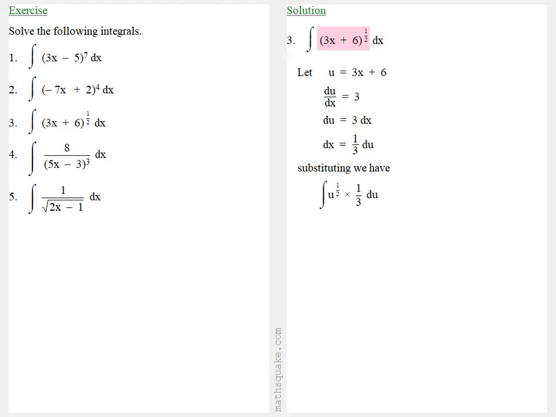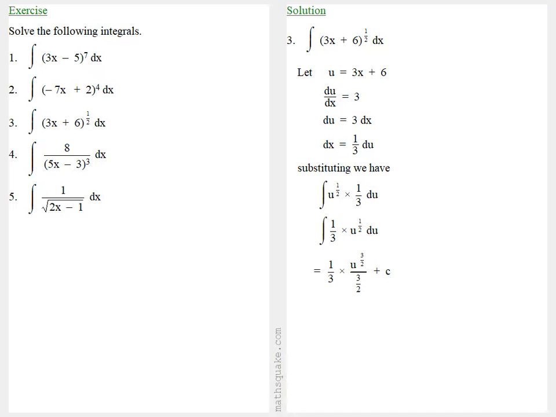Now if we make the substitution, (3x + 6)^(1/2) becomes u^(1/2), and dx becomes 1/3 du. So we're integrating 1/3 times u^(1/2) du. Now when we integrate u^(1/2), the power increases by 1.